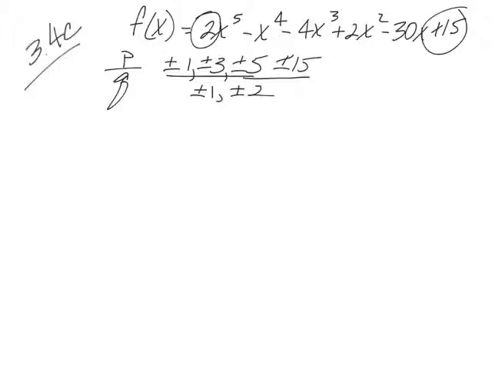In fact, in the solution on page 235 at the top, it says possibilities for p over q: 1, negative 1, 3, negative 3, 5, negative 5, etc. So there are 1, 2, 3, 4, 5, 6, 7, 8, 9, 10, 11, 12, 13, 14, 15, 16 different possibilities for factors of my function for me to try.